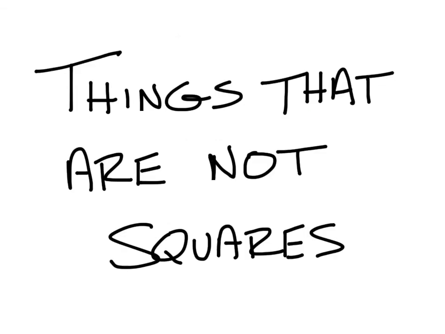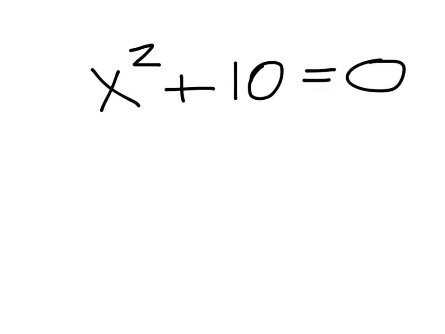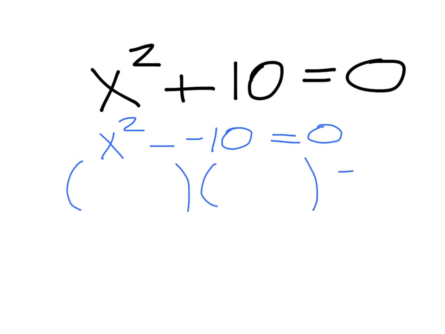Example 3. Things that are not squares. For example, x squared plus 10 equals 0. You still do the same first step by writing it as minus a negative 10. And then you break it up. x plus, x minus, you put in the square root of negative 10.